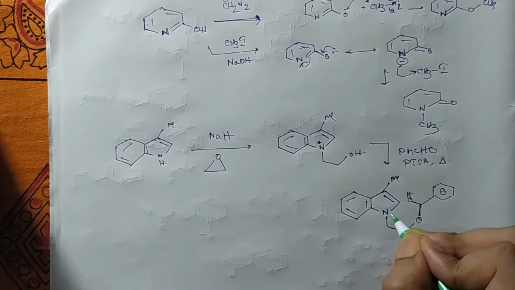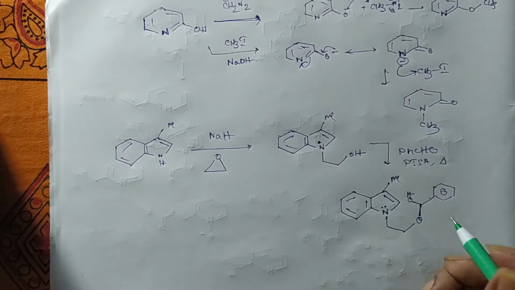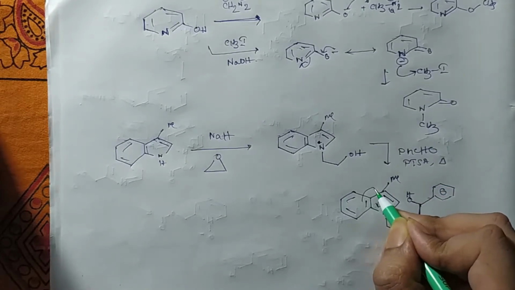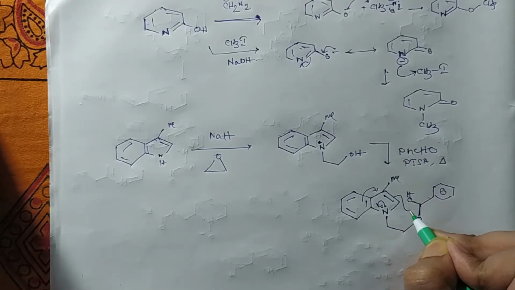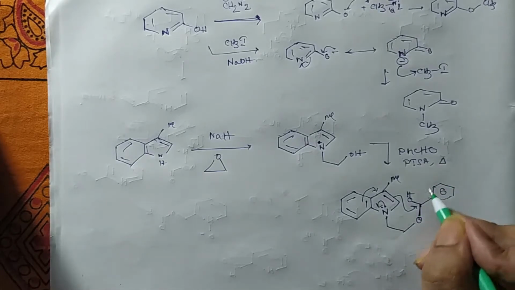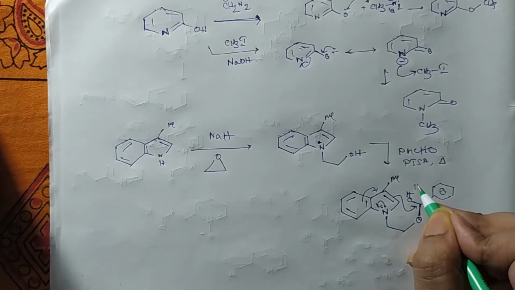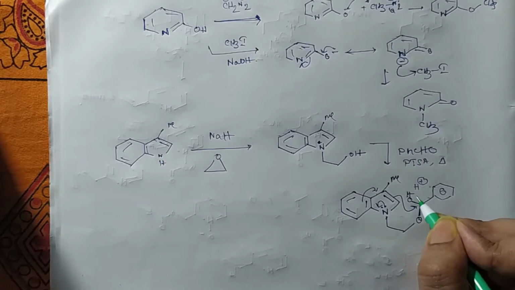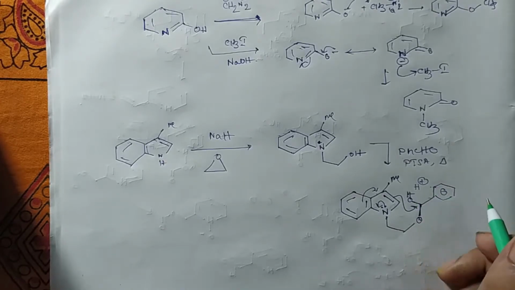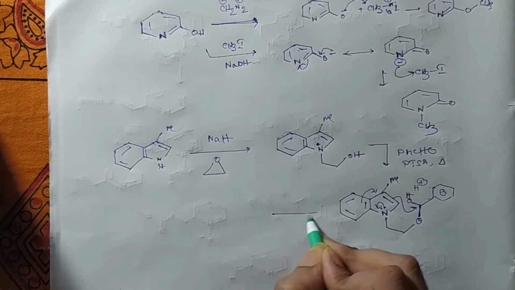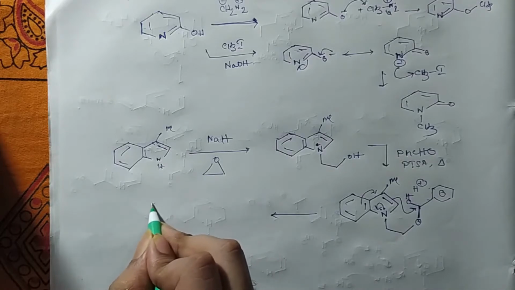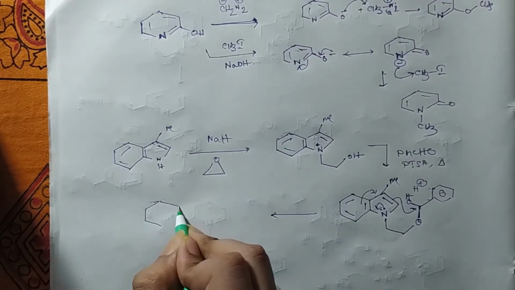Now what happens, there is a lone pair on nitrogen, so this goes here, this comes here, and this electron attacks here, and in the medium there is H plus, which is a catalyst, which helps the OH to cleave as water, as a leaving group.